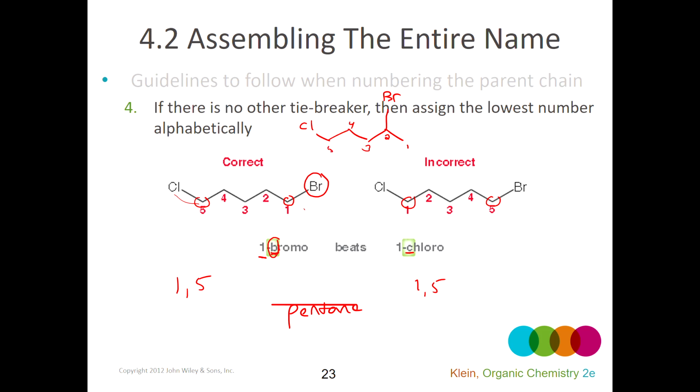So even though the bromine takes precedence over the chlorine alphabetically, I still want to number from the side that gives the first substituent I run into the lowest number possible. So if I number from the opposite side, 1, 2, 3, 4, 5, well, I can have the chlorine on carbon 1. If I number from right to left, I don't get the bromine till carbon 2. I don't get any substituents till carbon 2. So the correct numbering in that situation would be to number from the side that gives the first substituent the lowest number possible. That's my tried and true rule.